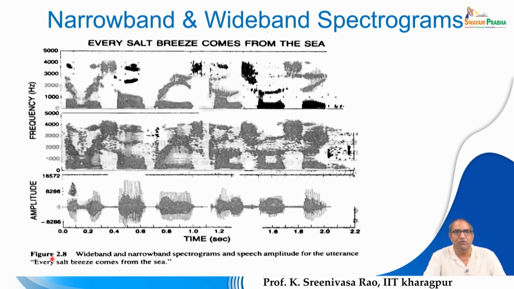Here we know that this particular speech signal contains some unvoiced sounds, like s, t, b, r, j, k. All these are unvoiced sounds, right?